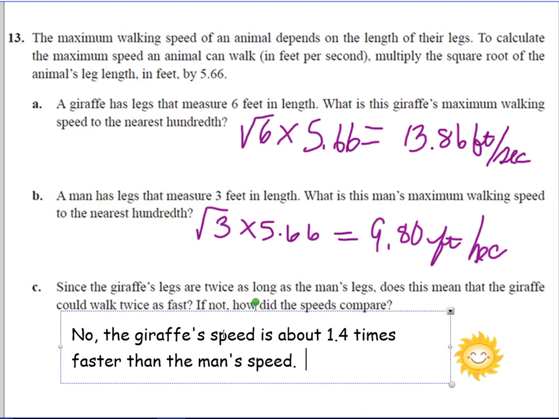So again, we got that by making that a ratio. And many of you have done that kind of thing before, making it that unit rate when you're looking at the IV story problems and stuff like that. So the giraffe is about 1.5, not quite 1.5 times faster than man.